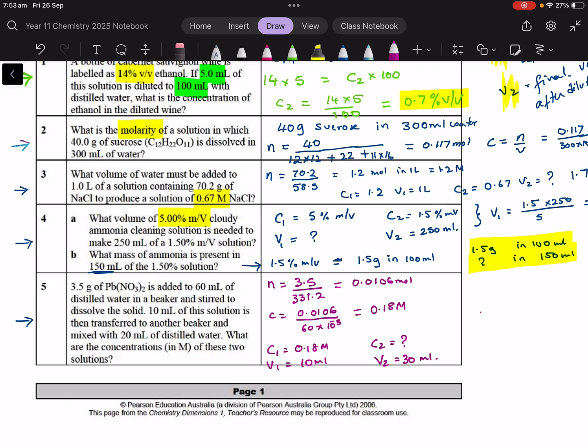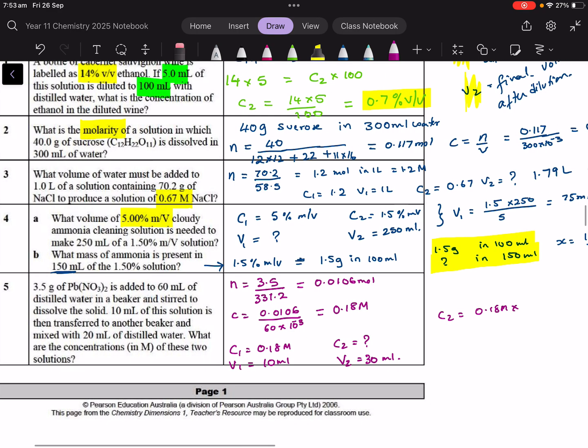So then your C2 is equal to 0.18 molar multiplied by 10 into 10 raised to minus 3. Remember, we have to convert that into liters. Or we could actually leave that all in milliliters, because both of those values will need to be multiplied by 10 raised to minus 3, which means being on the opposite sides of the equation, they'll cancel out.